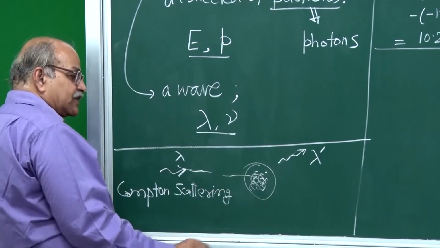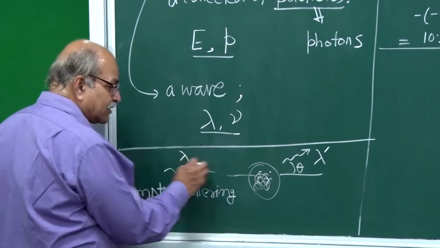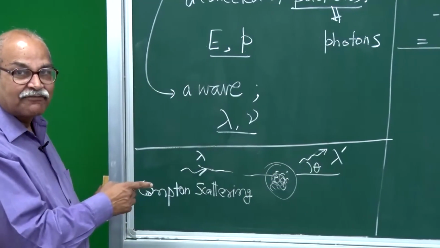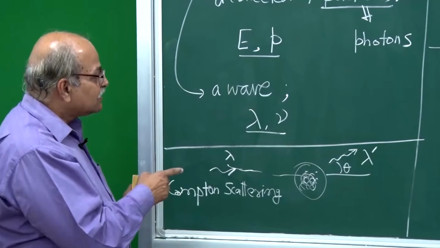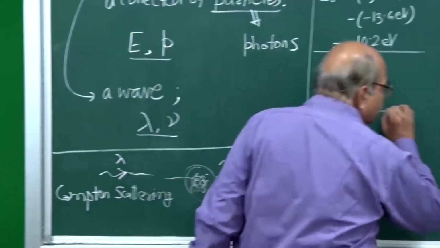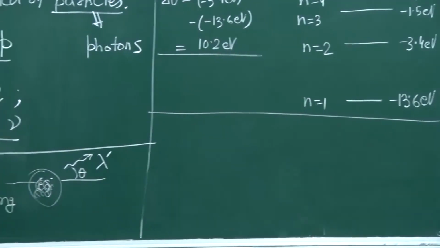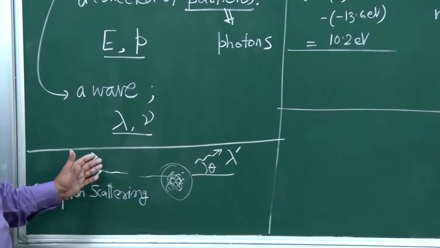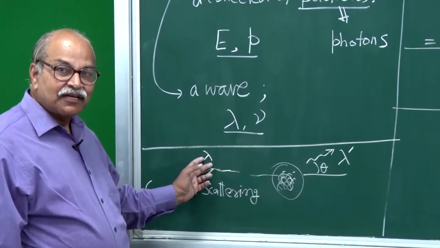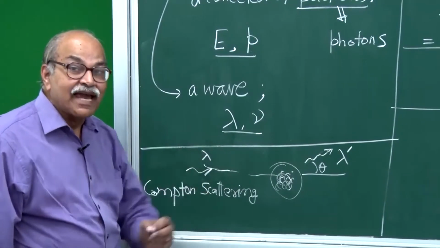And there is a certain relation between this angle theta and the difference between lambda and lambda prime, and that relation can be obtained from equations if you assume that this electromagnetic radiation, this X-ray which is coming with wavelength lambda, has a particle character.